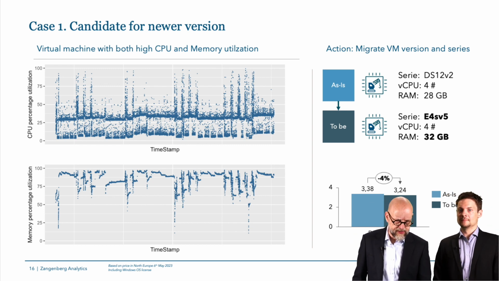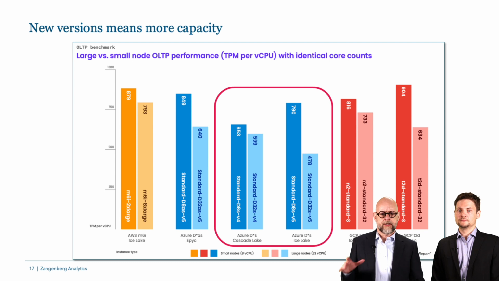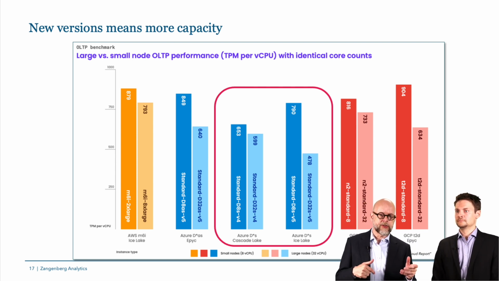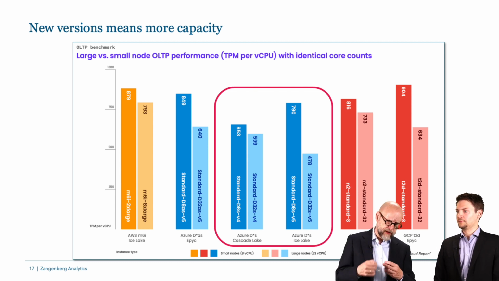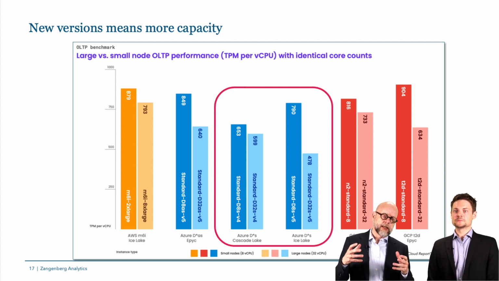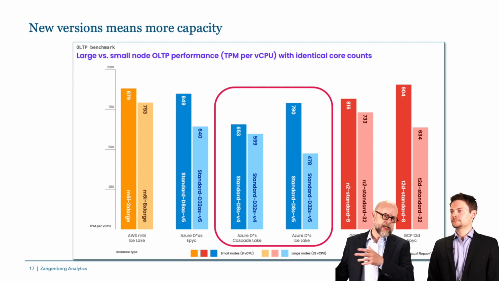In some cases, it is relevant to consider whether you can utilize the fact that newer versions have better performance, so they can produce more transactions per minute. In this case, it might not be the case.